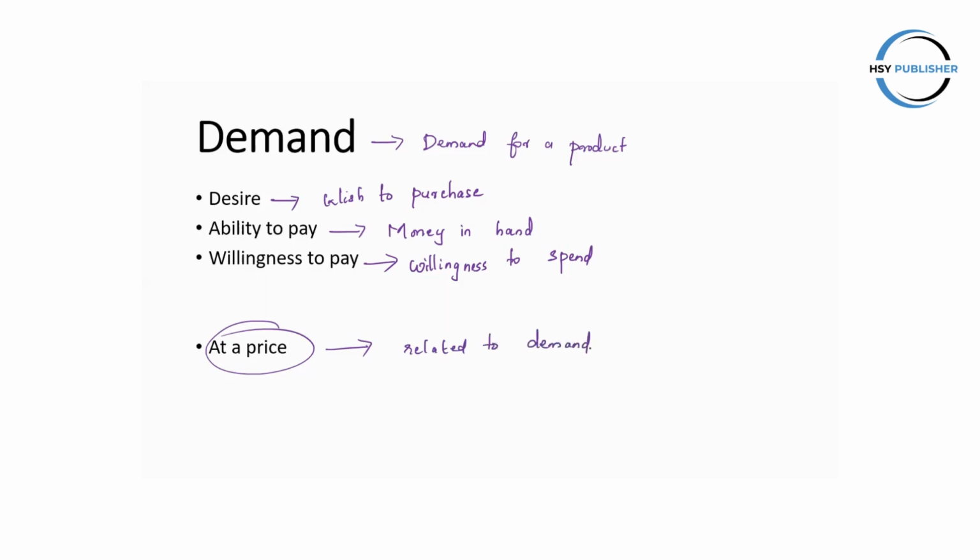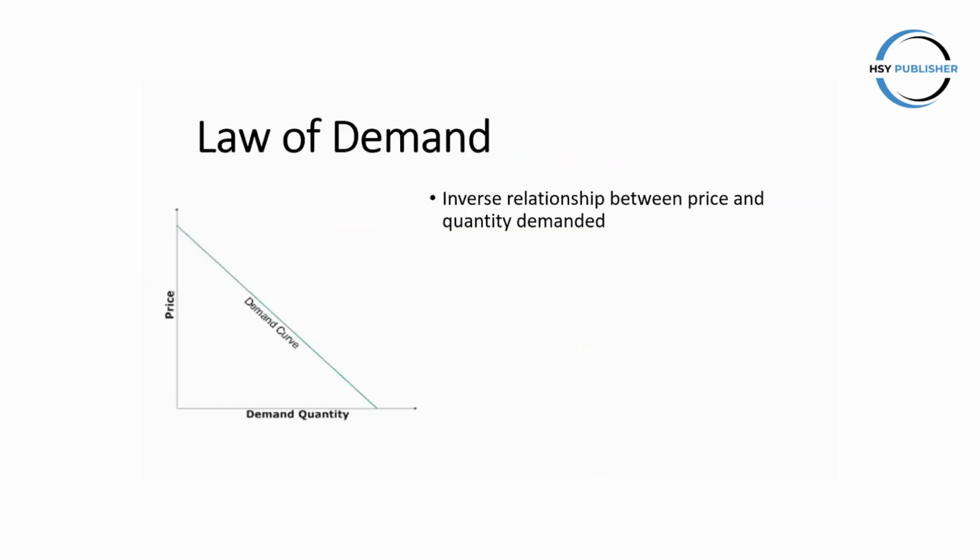Now, having understood the concept of demand, let's consider the idea called the law of demand. Here, you need to understand that there are many factors that influence your demand to purchase a commodity. We have seen income, and we have seen the wish to purchase a commodity, but we are not considering all these kinds of things here.